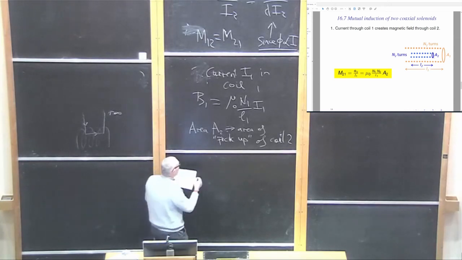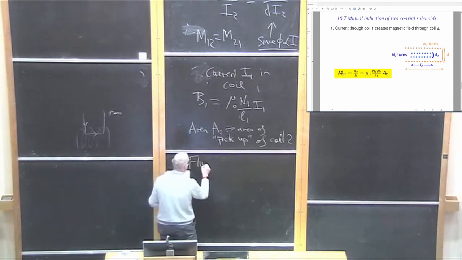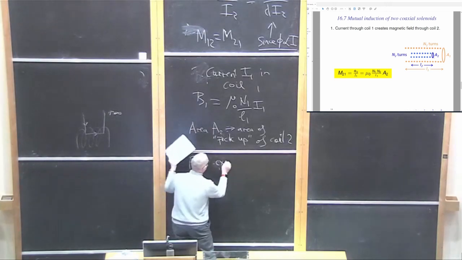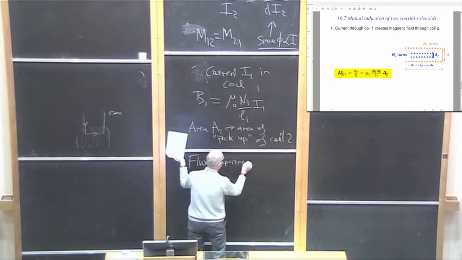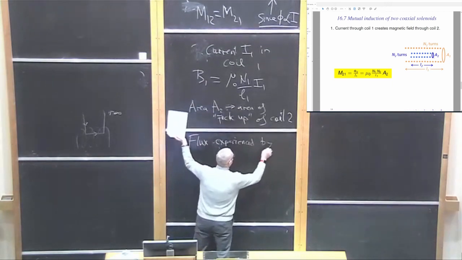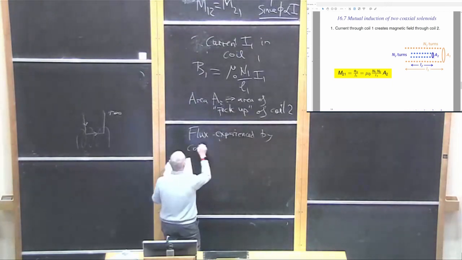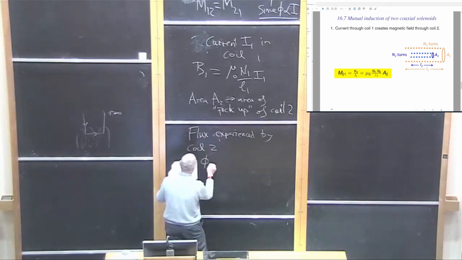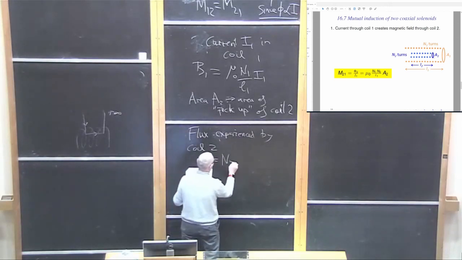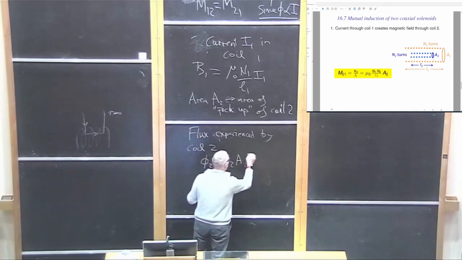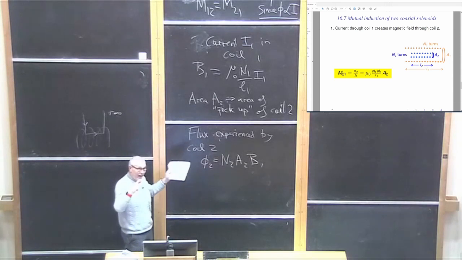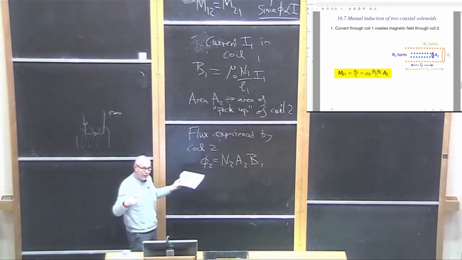Right. So the flux experienced by coil 2 is equal to phi 2 is N2 A2 B1, right? So the magnetic flux is B times area.